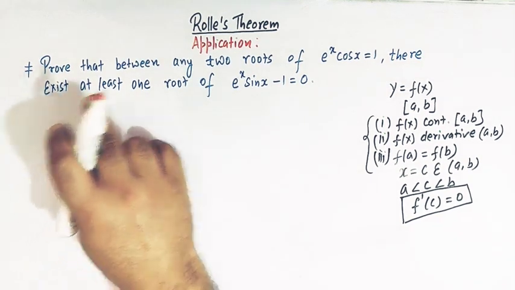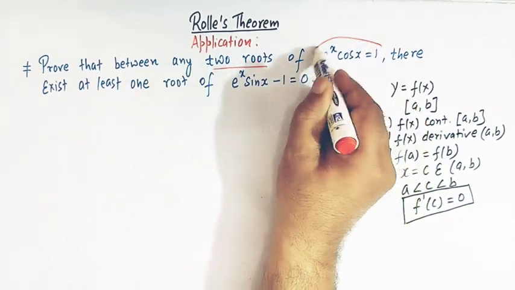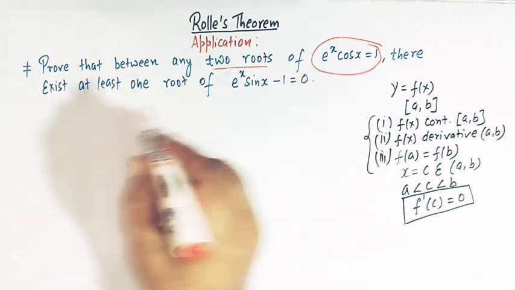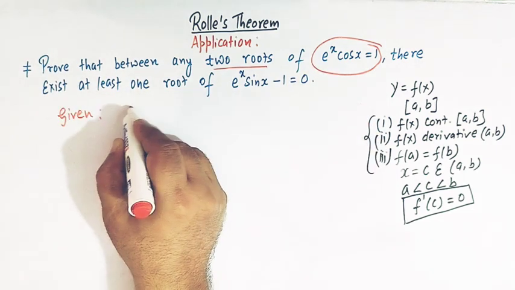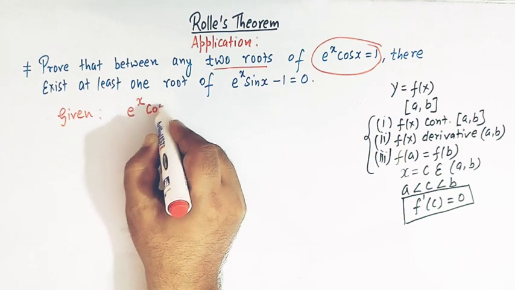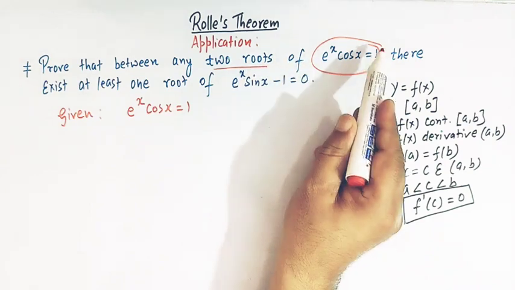So here we have to prove that between any two roots of this equation. We are given the equation that is e raised to x cos x is equal to 1, and between any two roots of this equation.